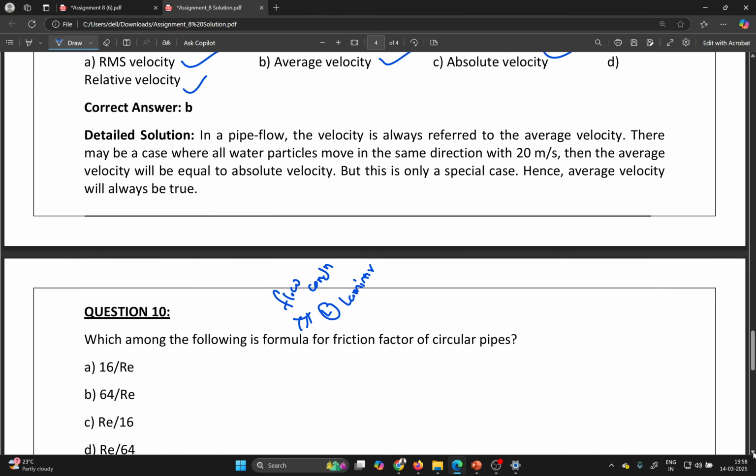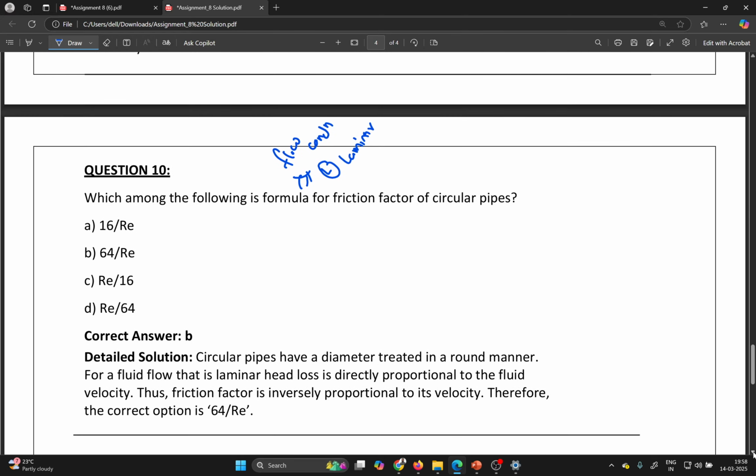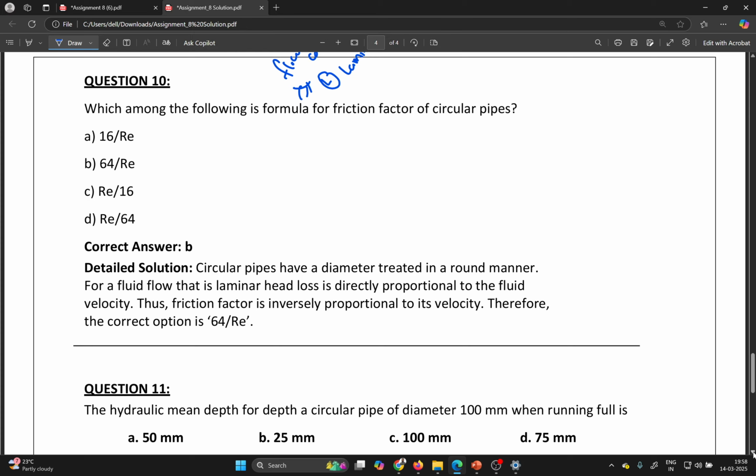Next question. The hydraulic mean depth for a circular pipe of diameter 100 mm when running full.